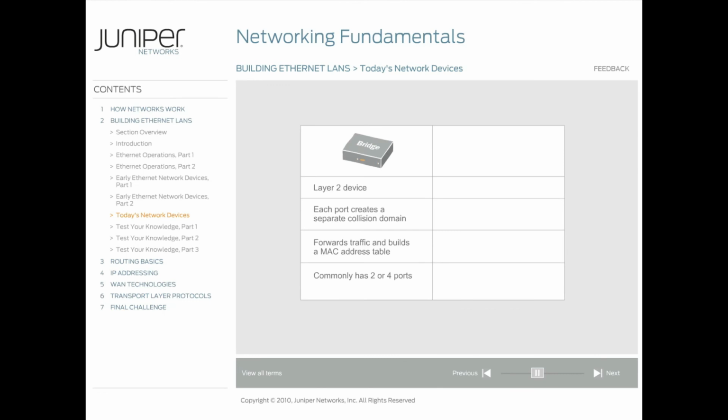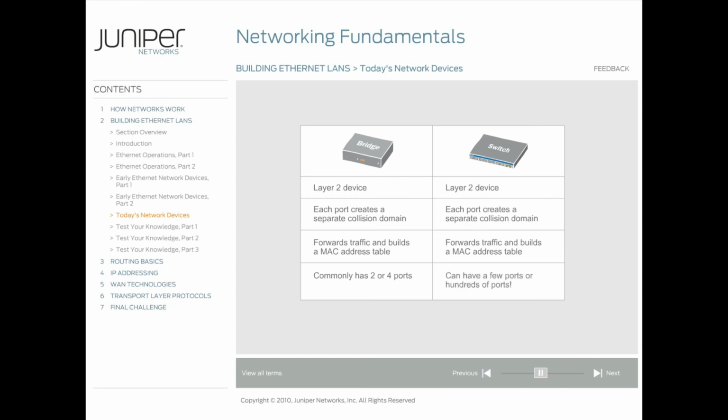To overcome that limitation and take full advantage of twisted pair cabling, the switch was developed. Ethernet switches are similar to bridges in that they are both Layer 2 devices that help manage and control traffic. As with a bridge, each port on an Ethernet switch creates a separate collision domain. Just like a bridge, an Ethernet switch forwards traffic and learns which MAC addresses reside off each of its ports.